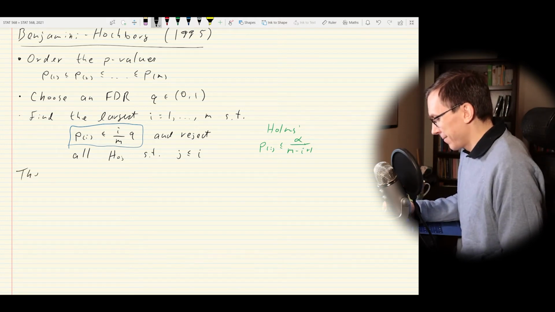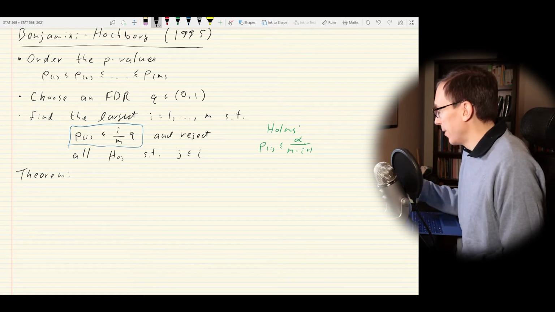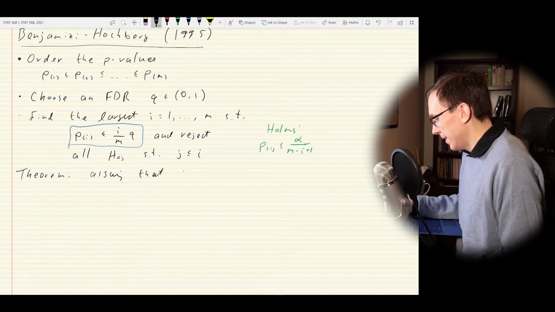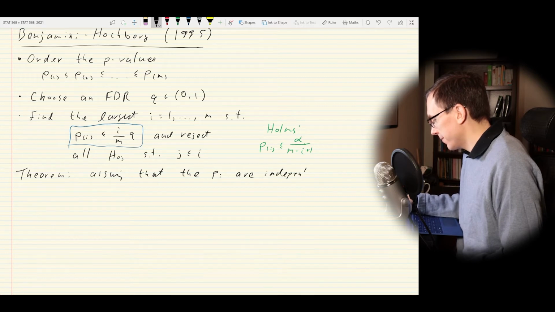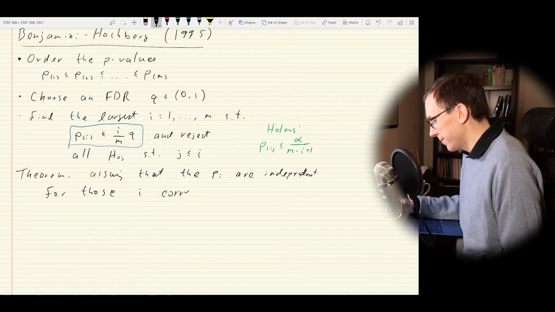So the theorem from Benjamini and Hochberg's work says that, given the m ordered p-values above, assuming that the p_i are independent for those i corresponding to true nulls.